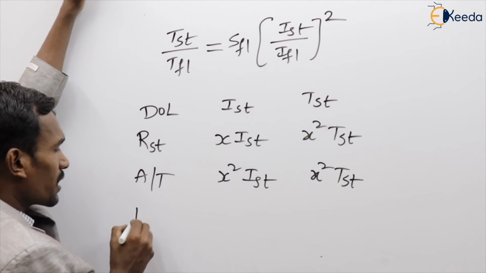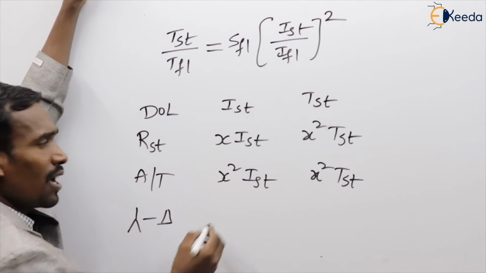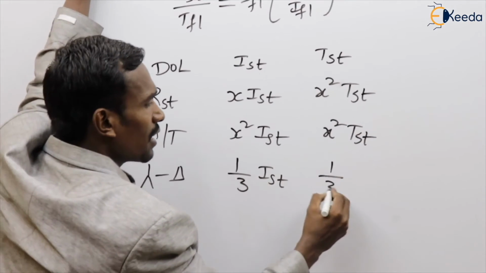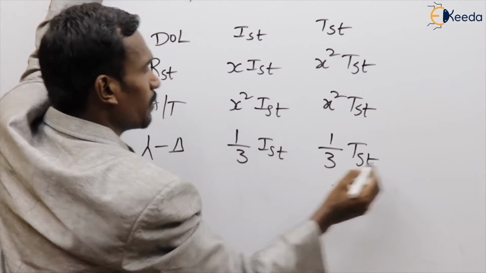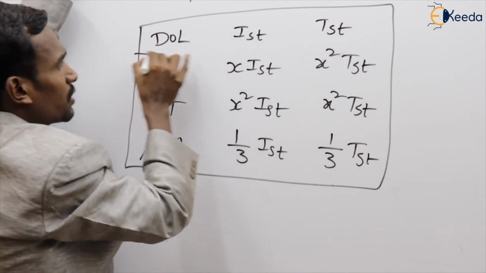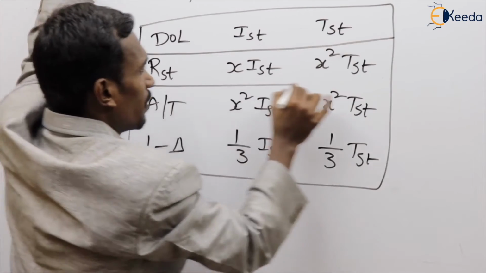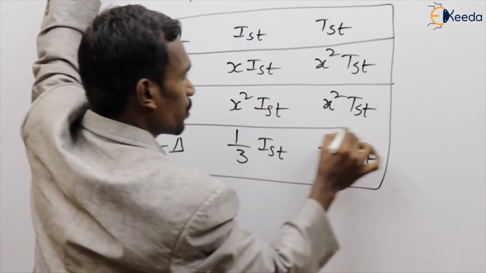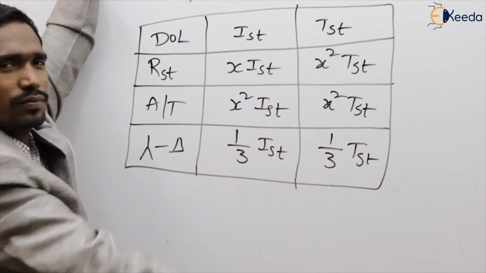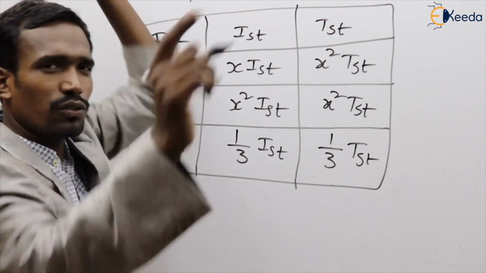And in a star delta starter, current is controlled 1 by root 3 times and torque is controlled 1 by 3 times. These are the formulas we have to remember. Right. First question.